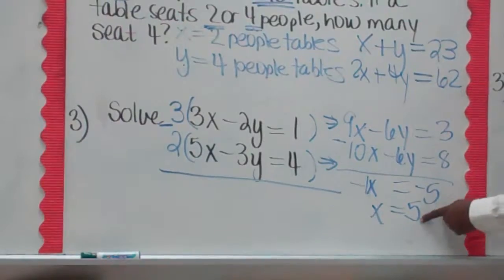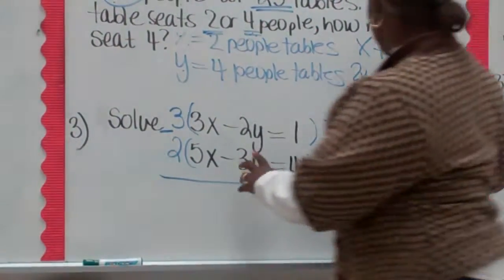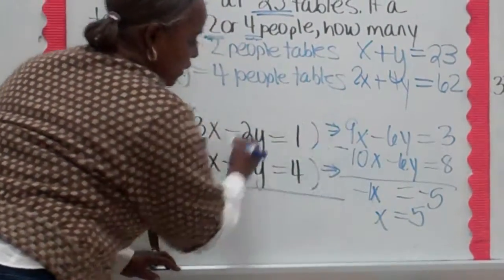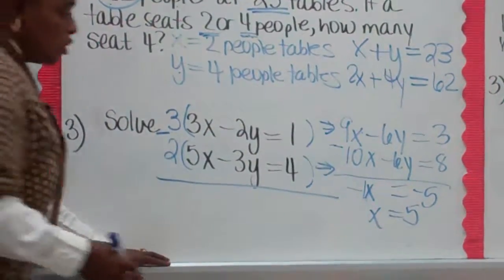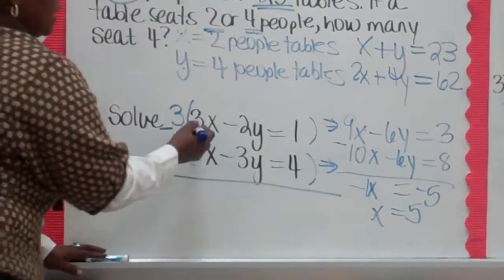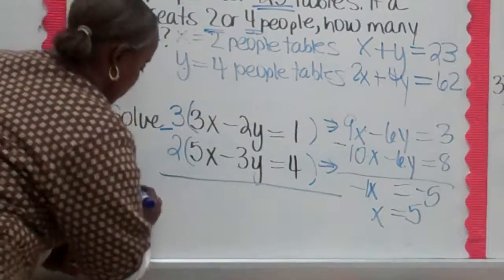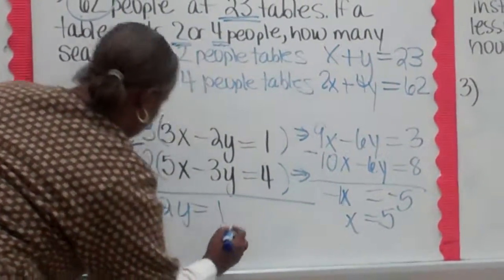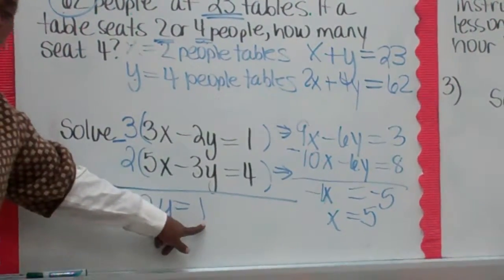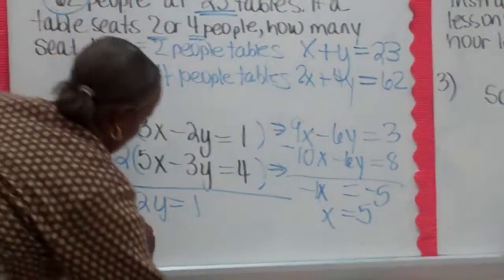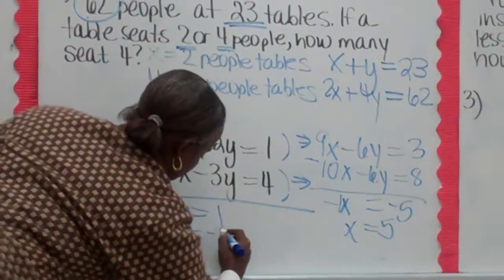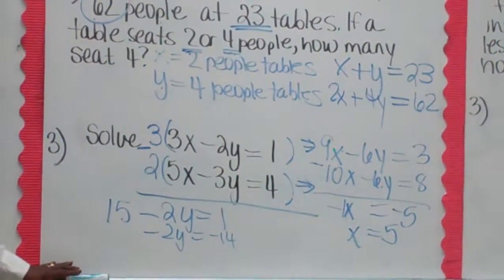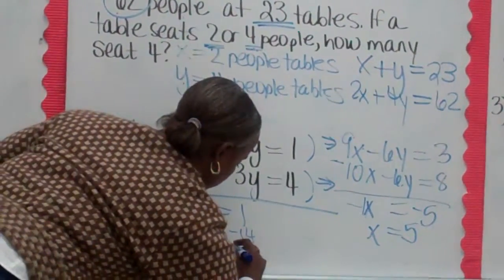Now, once you have x equal to 5, you can go back to either one of these equations to solve for y. So we have 3 times 5 is 15. Minus 2y equals 1. Subtract 15 on both sides, you get negative 2y equals negative 14. Divide by negative 2, you get y equals 7.